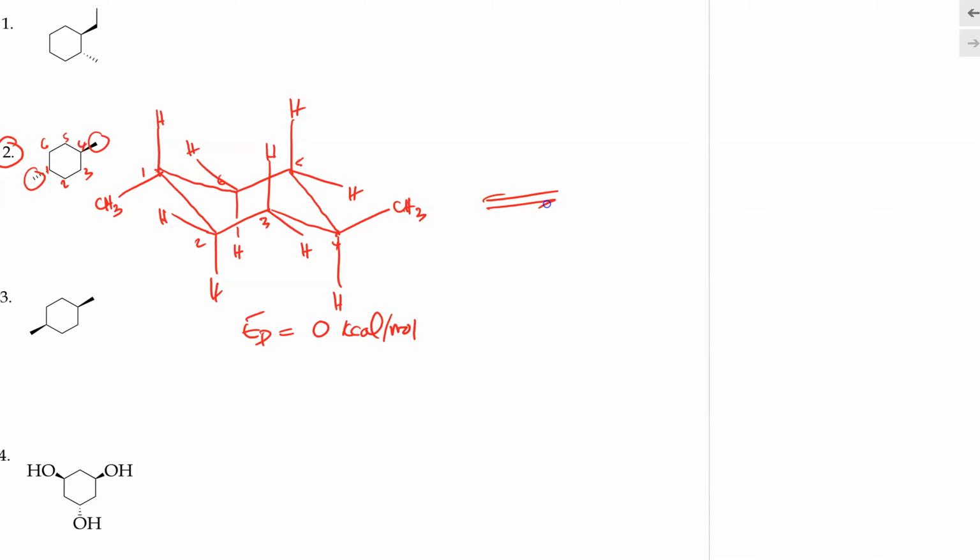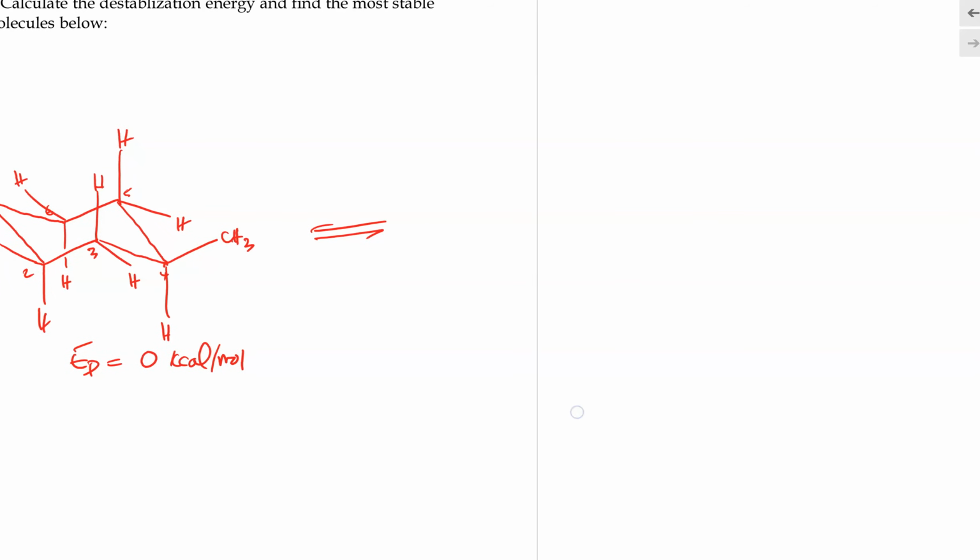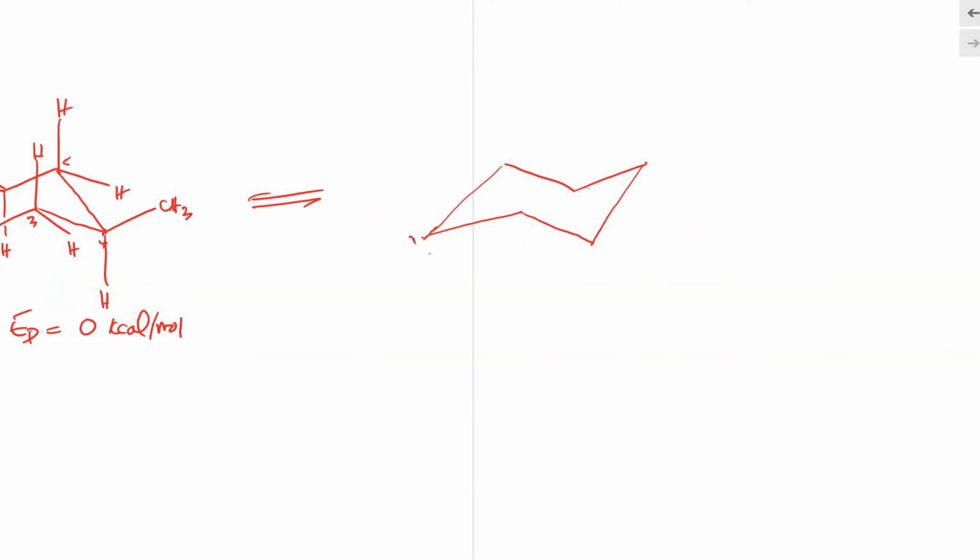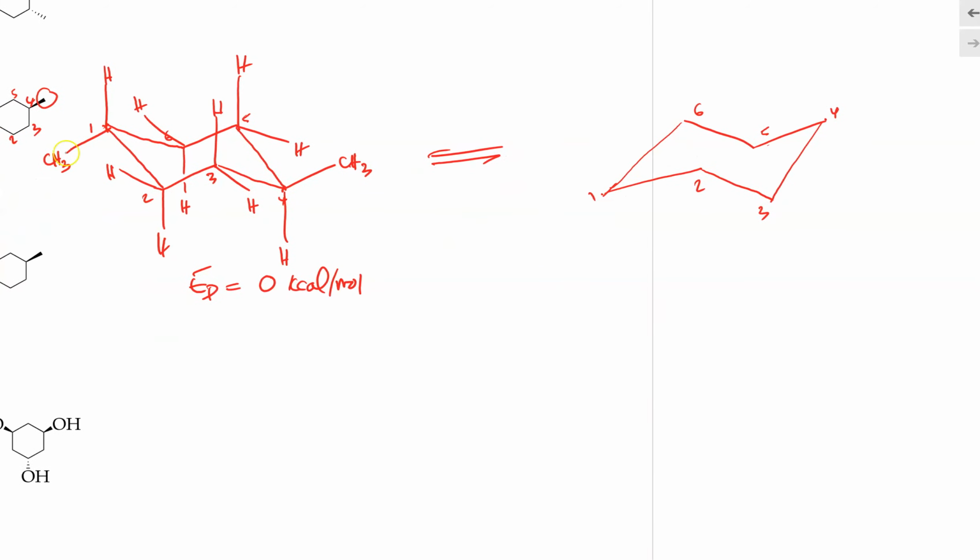Now let's flip this and see what happens. So let's draw the flipped chair of it. There it is, carbon 1, 2, 3, 4, 5, and 6. Now on carbon 1, the methyl group, initially equatorial pointing down, now becomes axial pointing down when it flips.